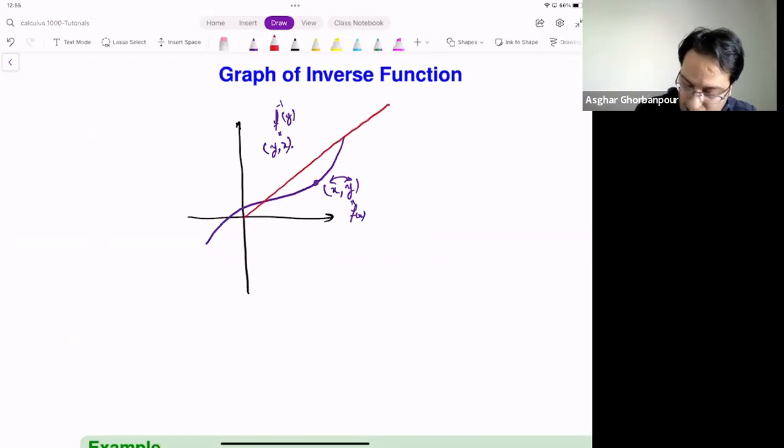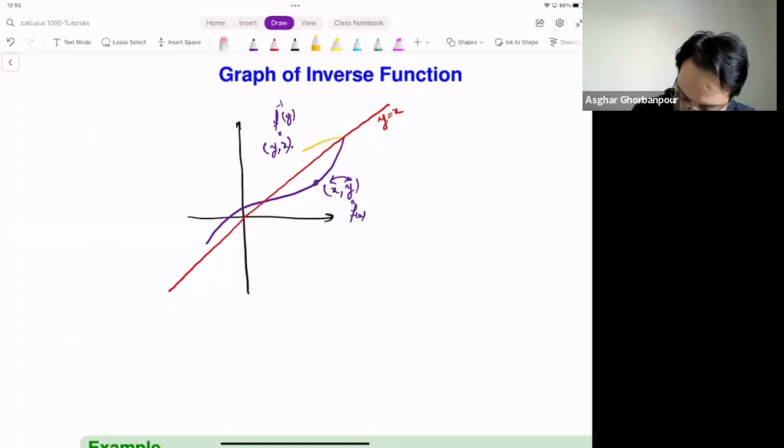Switching the XY coordinates has a nice geometrical transformation. You find the reflection of the graph with respect to the line y equals x. That's what flips the XY coordinates.